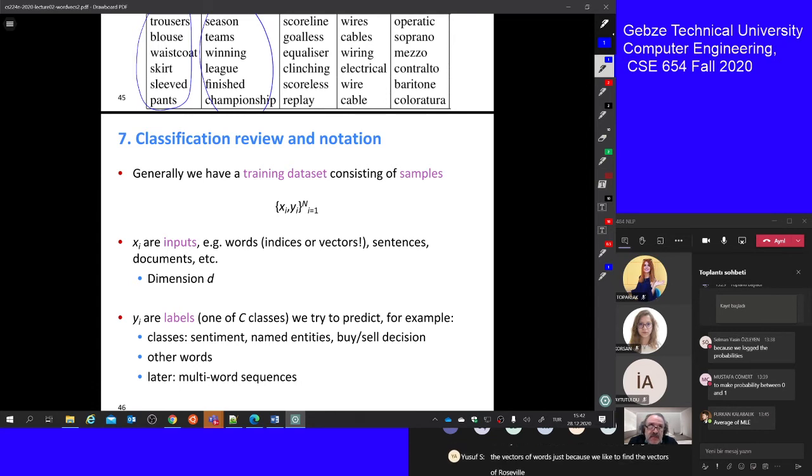We want to use them in real applications, such as sentiment analysis or named entity recognition or translation or summarization, that kind of NLP stuff. So how are we going to do it? We are going to, for example, do some classification. Let's review some machine learning stuff first. After that, we are going to find examples where we can use these vectors.